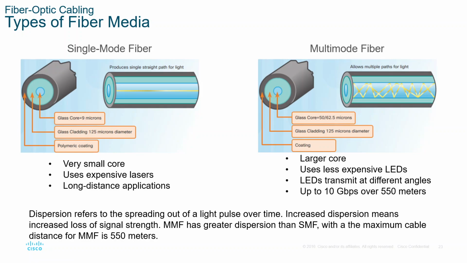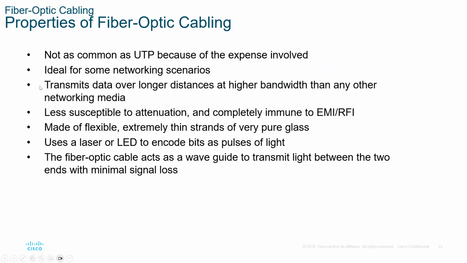In fiber optic, the core is glass, or the fiber. Some characteristics of fiber optic: they can transmit data over longer distances at higher bandwidth. Now copper and fiber optic have almost the same bandwidth, but fiber is still better over long distances.